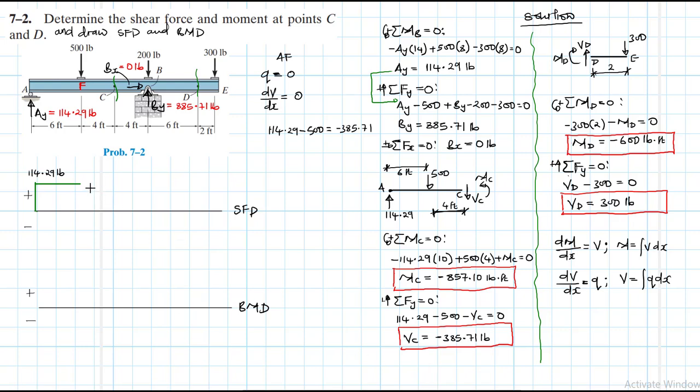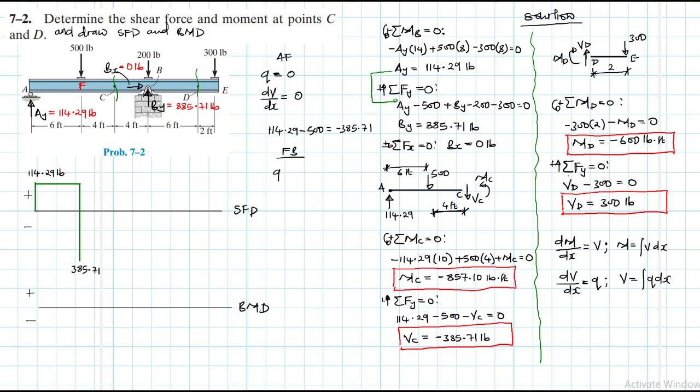From here we expect a downward movement, let's say maybe up to somewhere there. This is enough. So let's say this is our 385.71.